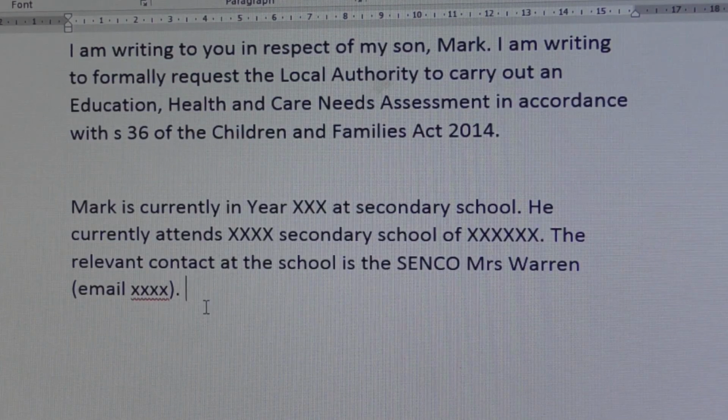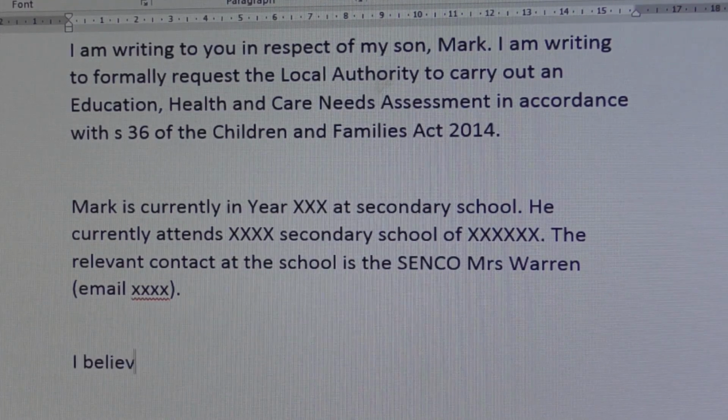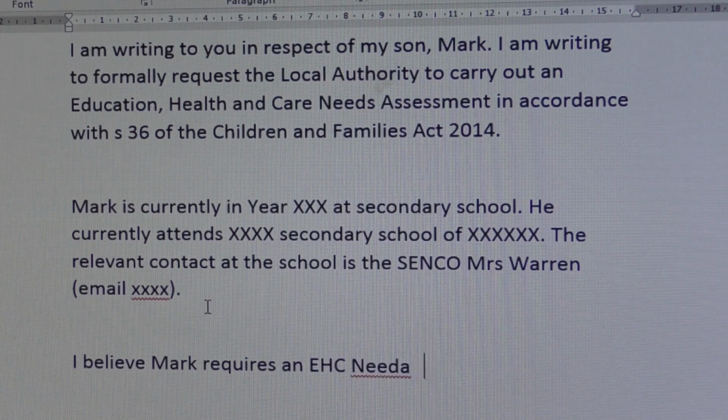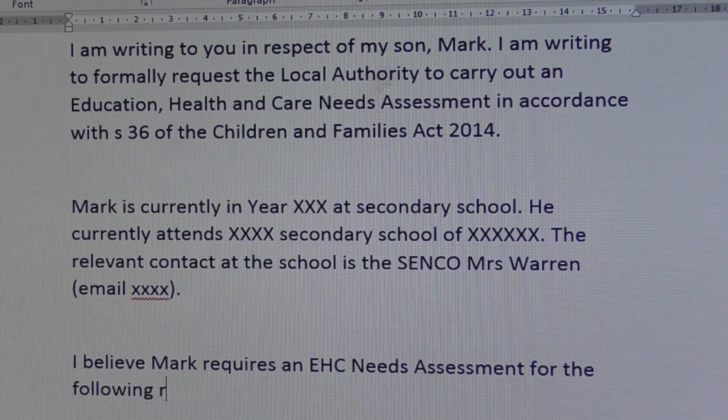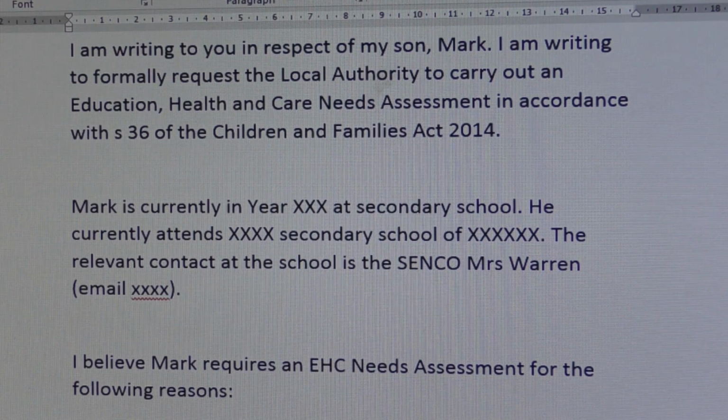So we've put in the name of the school. And then we identify the reasons why we believe an EHC needs assessment should be undertaken, and we list them. So these are some examples.